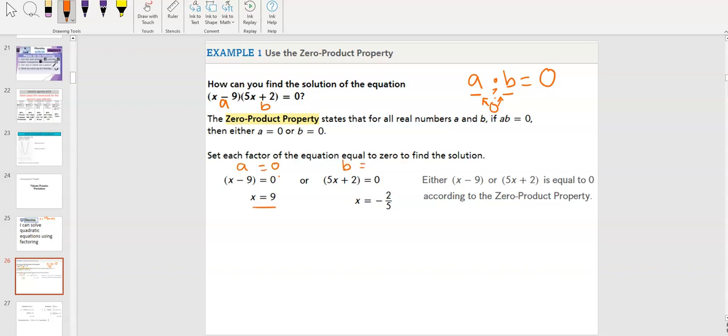If I make B equal to 0 and solve, I get x is negative 2/5. And what that means is that those are my answers. So I don't have to graph and I don't have to do negative b over 2a. I can turn my quadratic equation into a factored product of binomials and just make each binomial 0, and the answers are the answers to my quadratic equation.